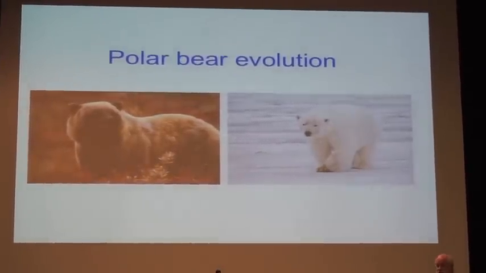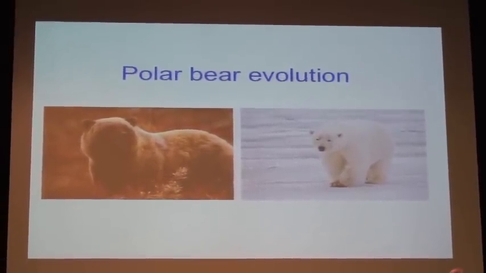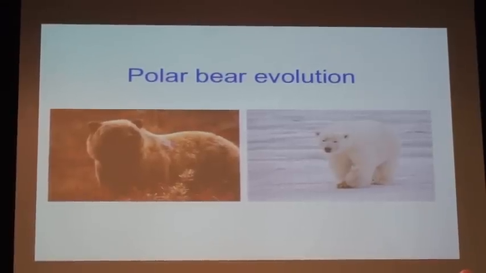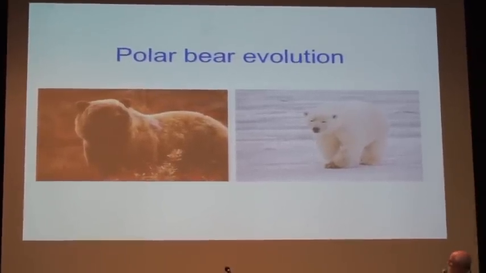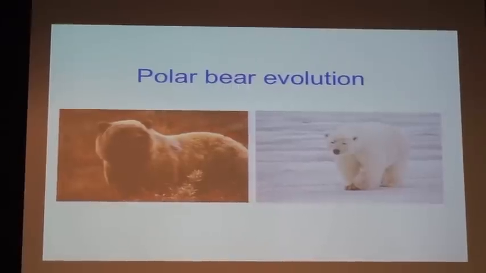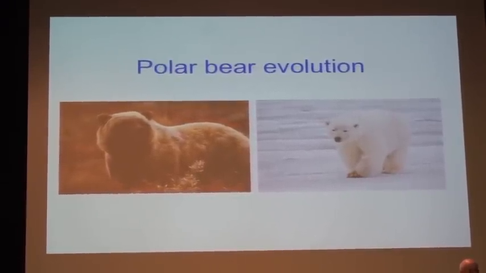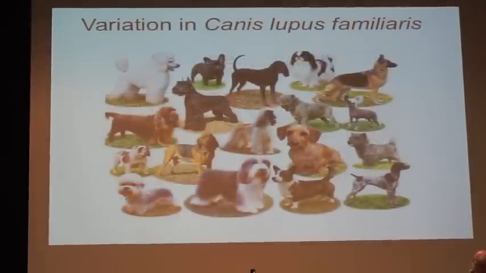And this came out just a couple months ago. The whole genome of the polar bear has been determined. And the polar bear is derived from the brown bear. And people were anxious to see what did it take to transform a brown bear into a polar bear.